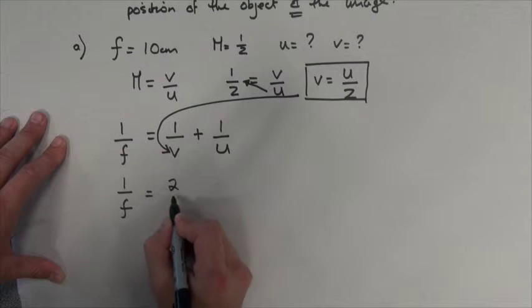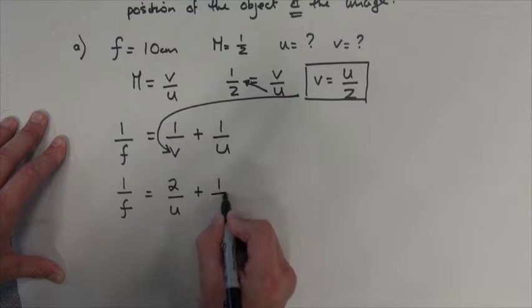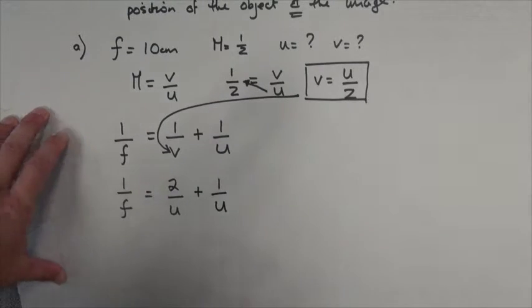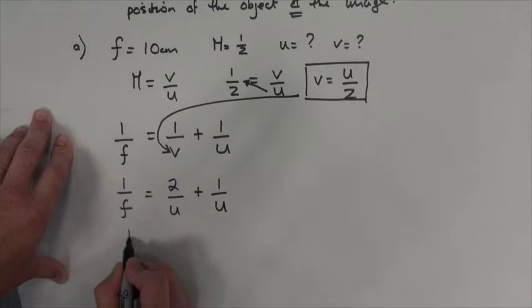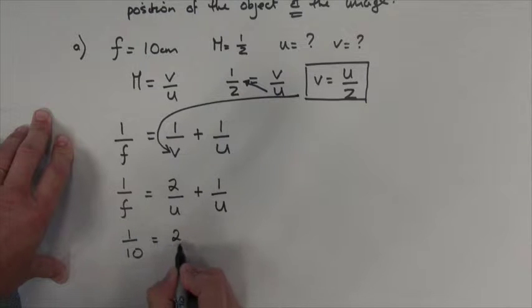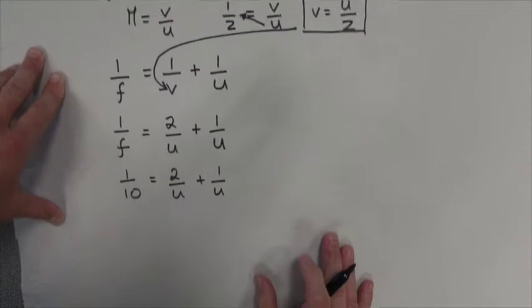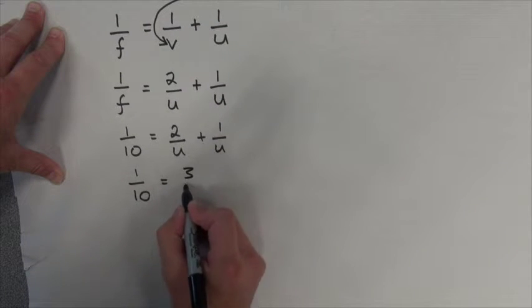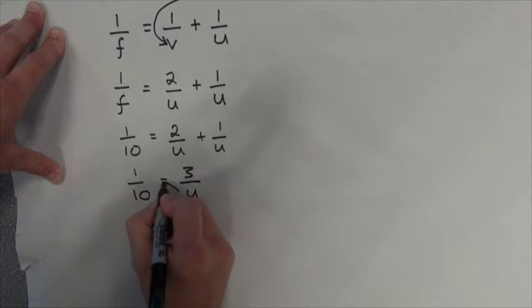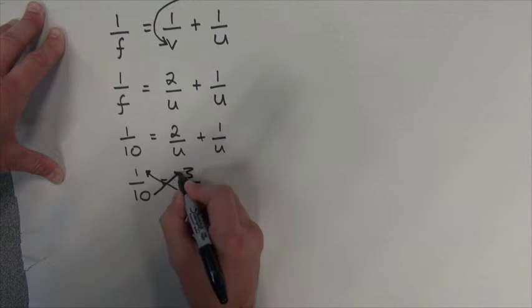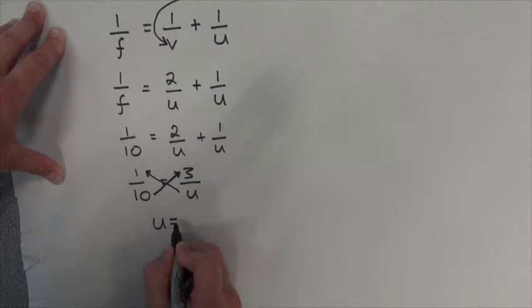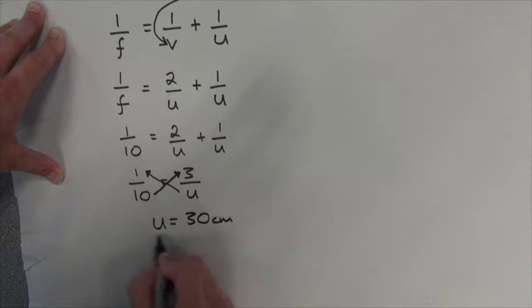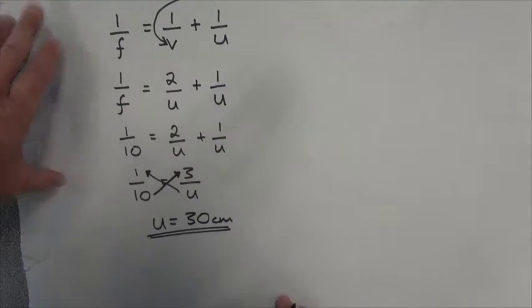So I get 1 over u over 2, which when put correctly can be 2 over u, plus 1 over u. So I get 1 over 10, which is the focal point, equals 2 over u plus 1 over u. So 1 over 10 equals 3 over u. Now I cross multiply. This puts u on the top and allows me to find the object distance, which is 30 centimeters, 10 times 3.